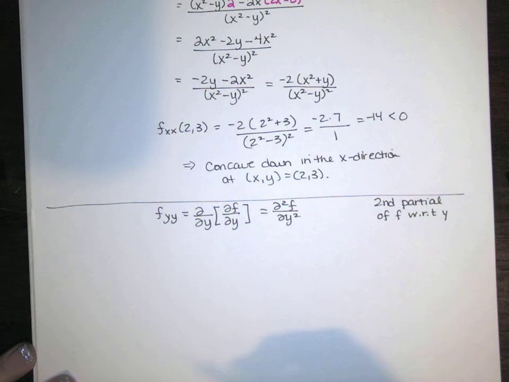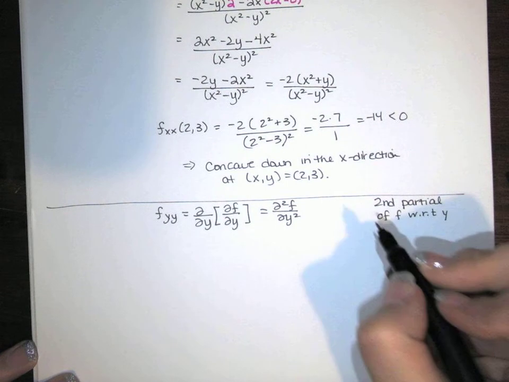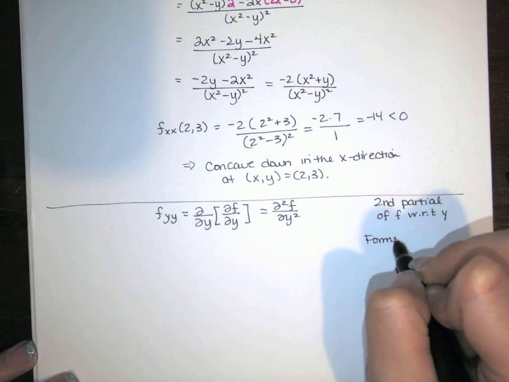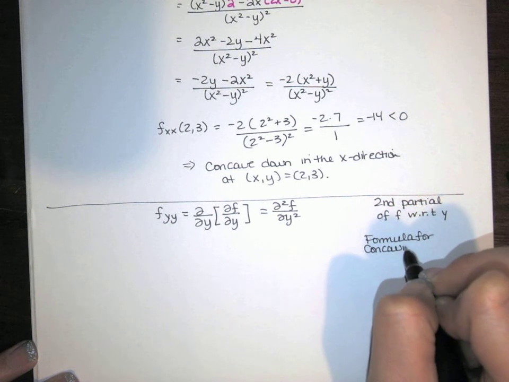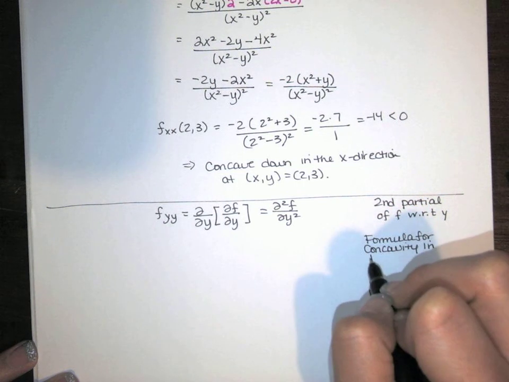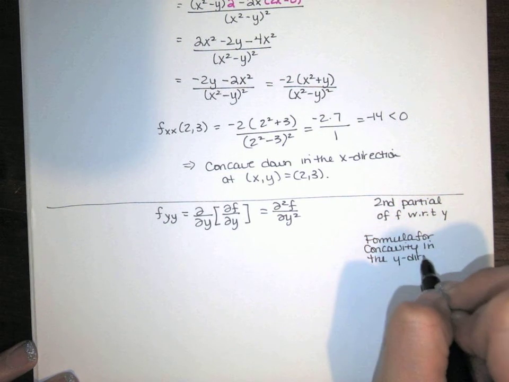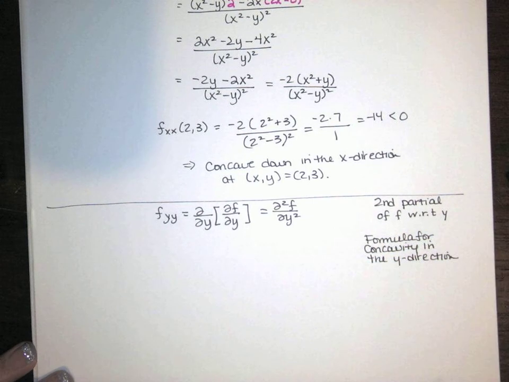This gives you concavity, or a formula for concavity in the y direction. We have to plug in a point if we want to know whether the graph is concave up or concave down at that point in the y direction.